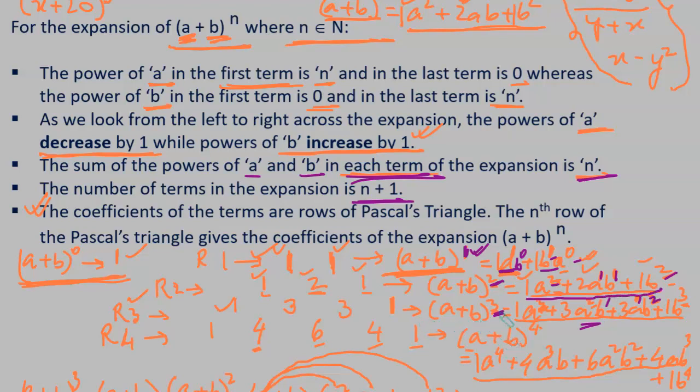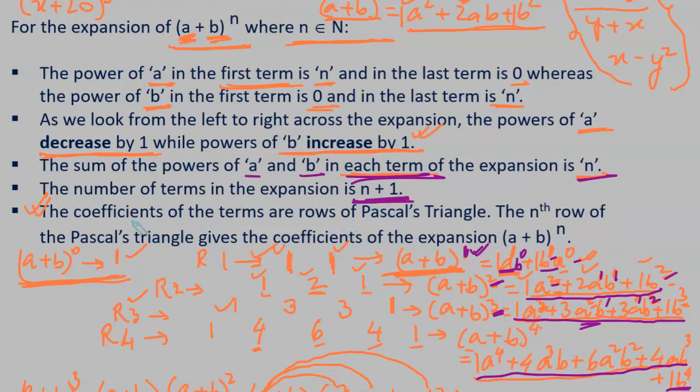When it is a plus b to the power of 3, that is n equal to 3, we have a cube plus 3a square b plus 3ab square plus b cube, 4 terms. For a plus b to the power of 4, we have 5 terms. So, whatever is the value of n, the number of terms is 1 more than the value of n.